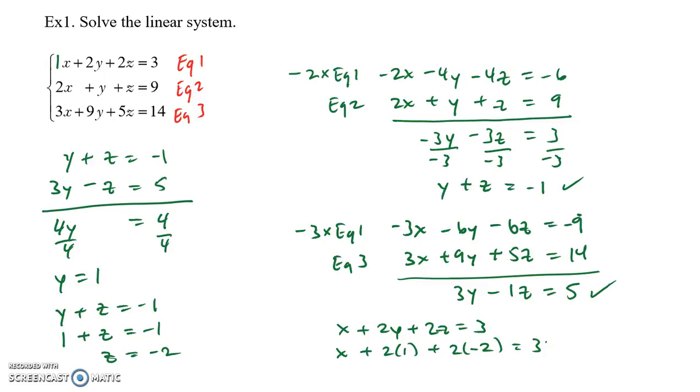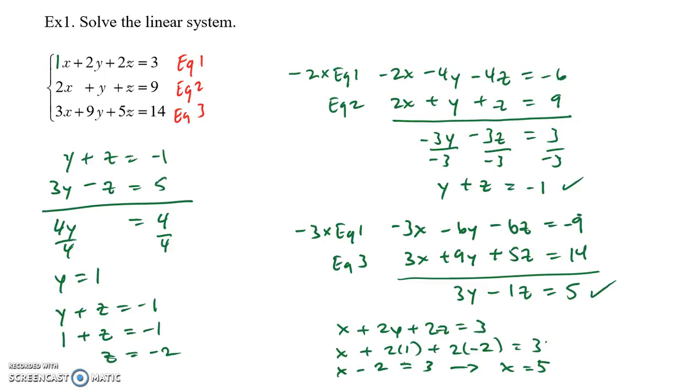So if we look at what we have on the left hand side, we have x plus 2 minus 4. That's going to be x minus 2. x minus 2 equals 3, and adding 2 to both sides, we would obtain x equals 5.